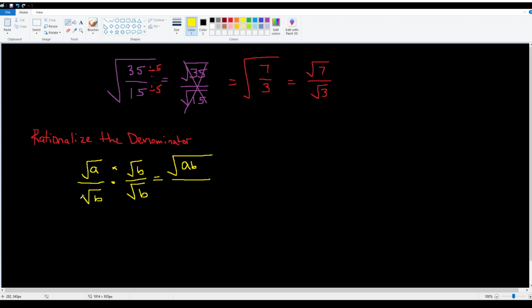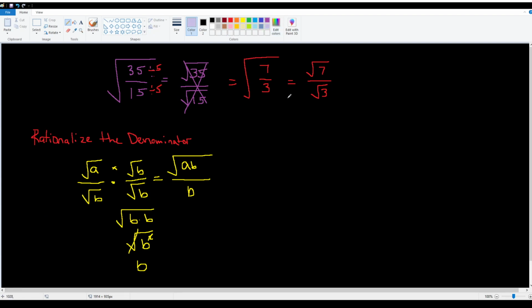On the bottom, the square root of b times the square root of b is the square root of b times b, which is the square root of b squared. But again, a square root and a square cancel each other out, and we're just left with b, no square root anymore. So now we don't have a square root in the denominator, so it follows that third rule. This is how we rationalize our denominator.